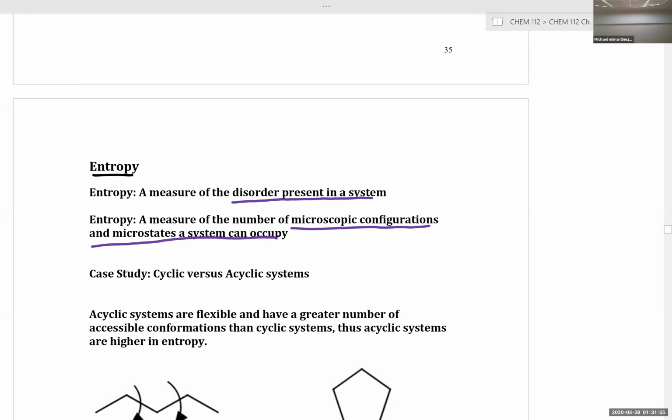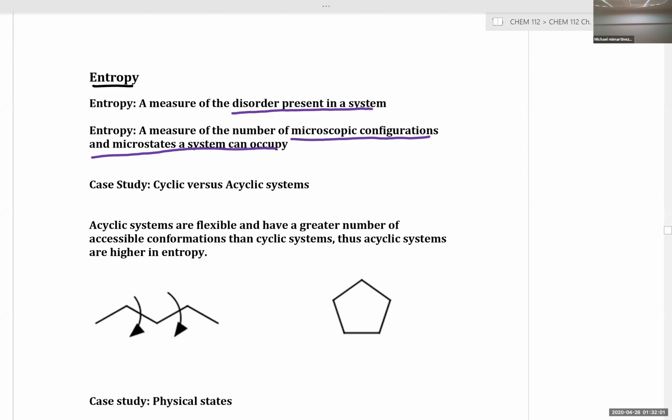To demonstrate examples of low versus high entropy systems, let's look at an example that we've seen a ton: cyclic versus acyclic systems. Acyclic systems are relatively flexible, and they have a greater number of accessible conformations. And so we'd expect acyclic systems to be higher in entropy.